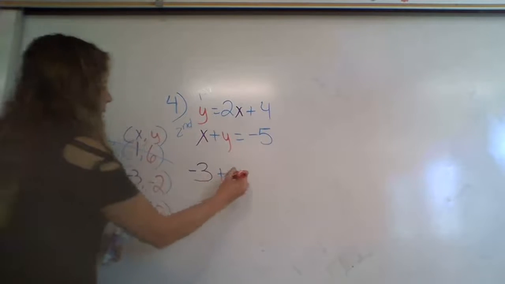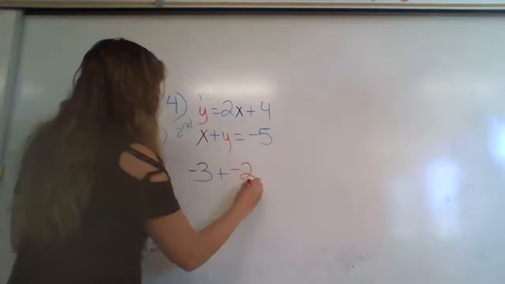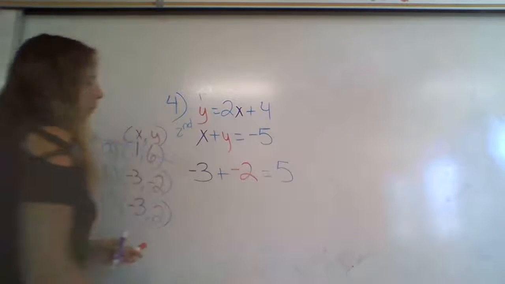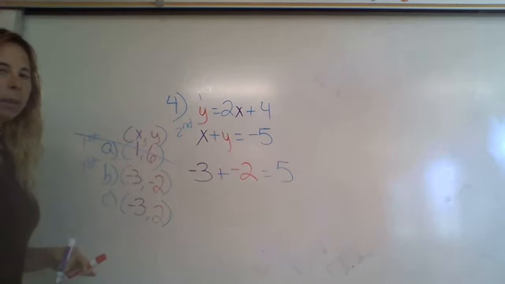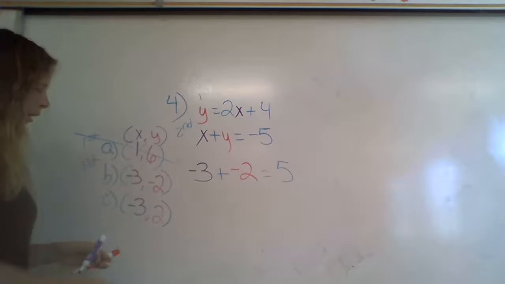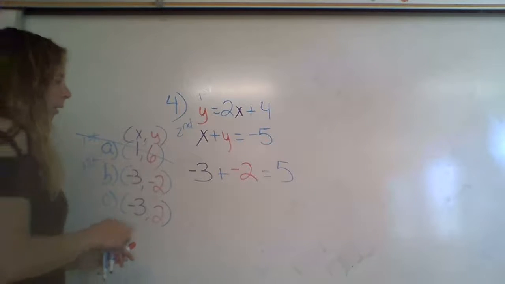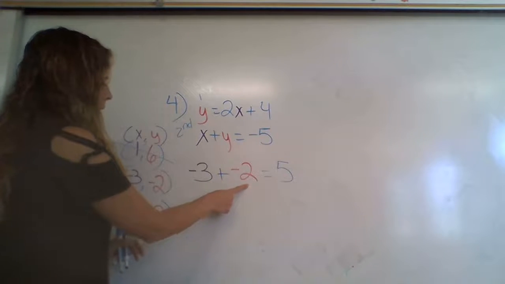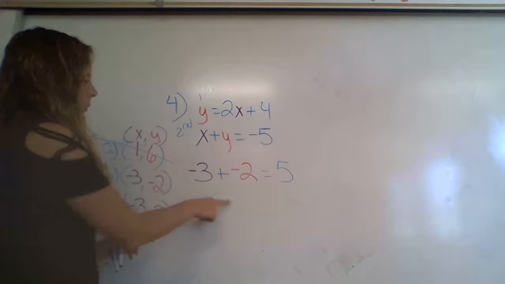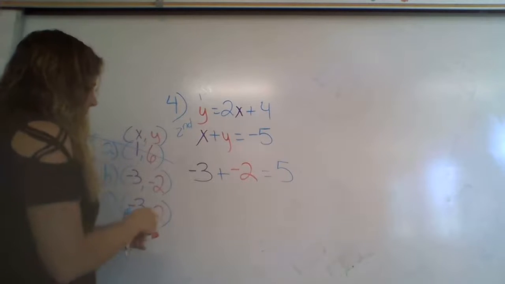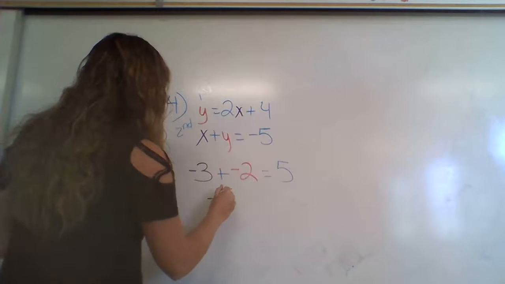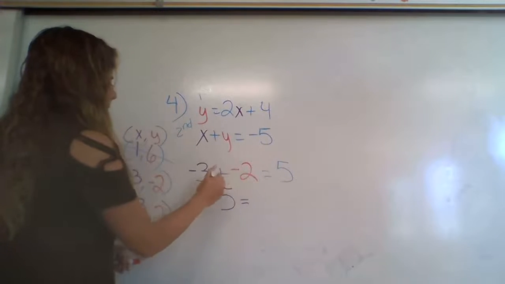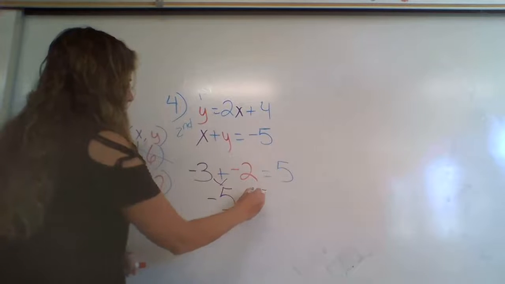Y is -2, so put -2, and then equals -5. All right. We substituted in for x and y. Now combine them together. -3 plus -2. That would be -5. And then rewrite on the other side.